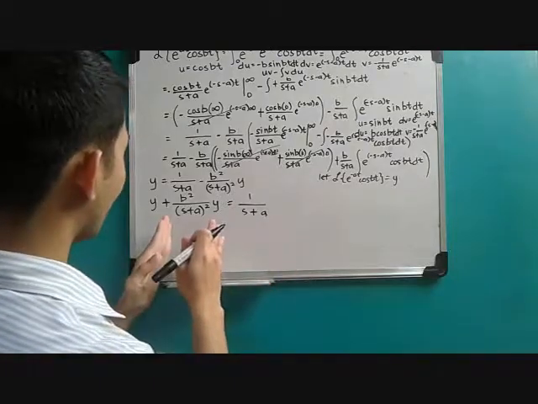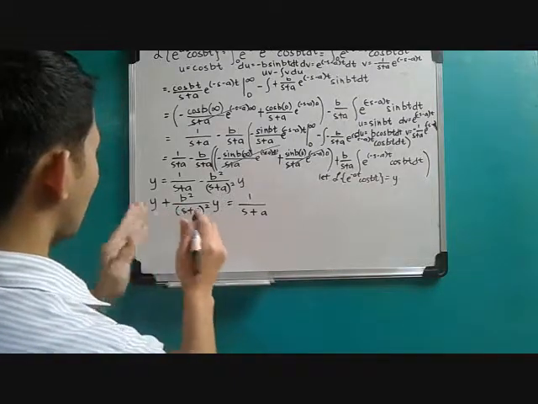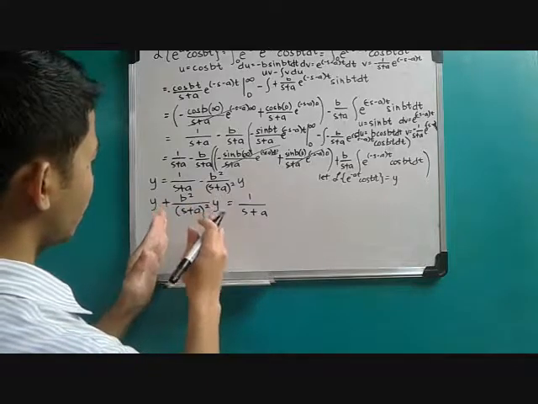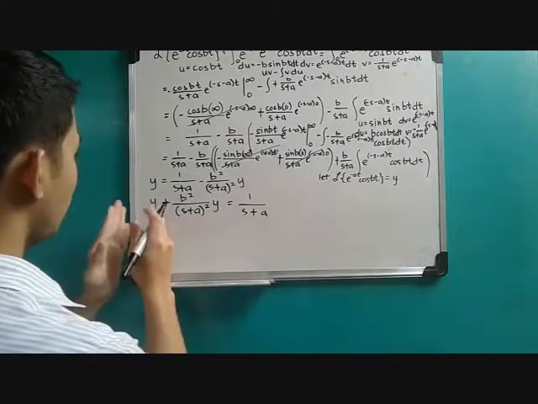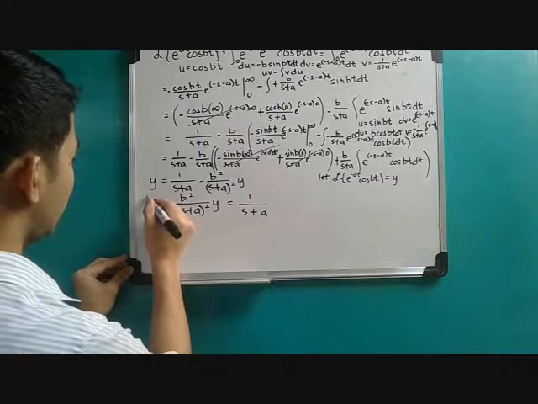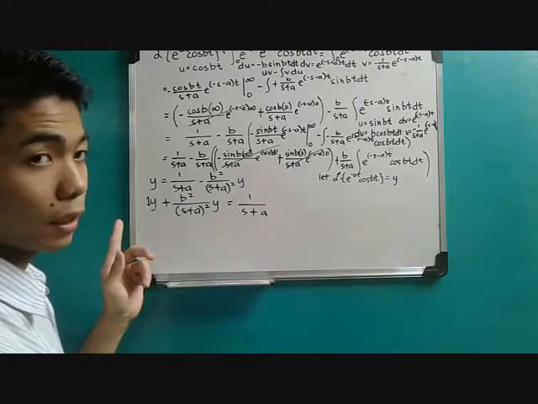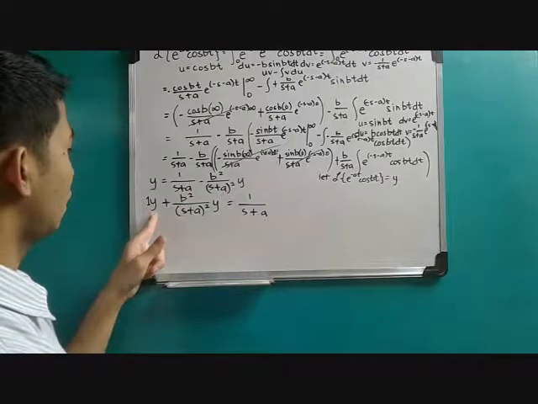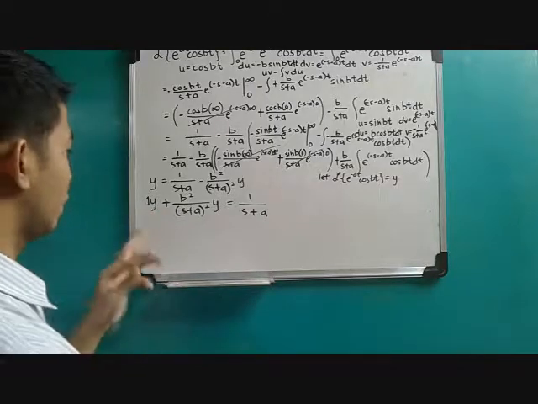So next is to add this b squared over quantity s plus a squared to the 1 here, because there's a 1 in the variable y.